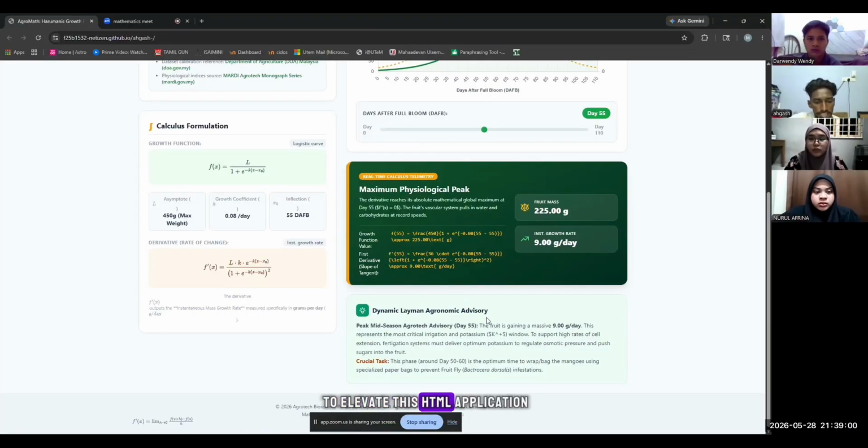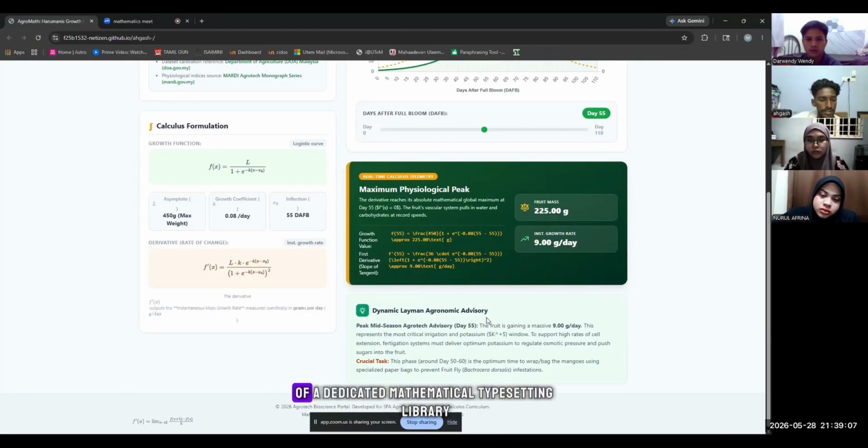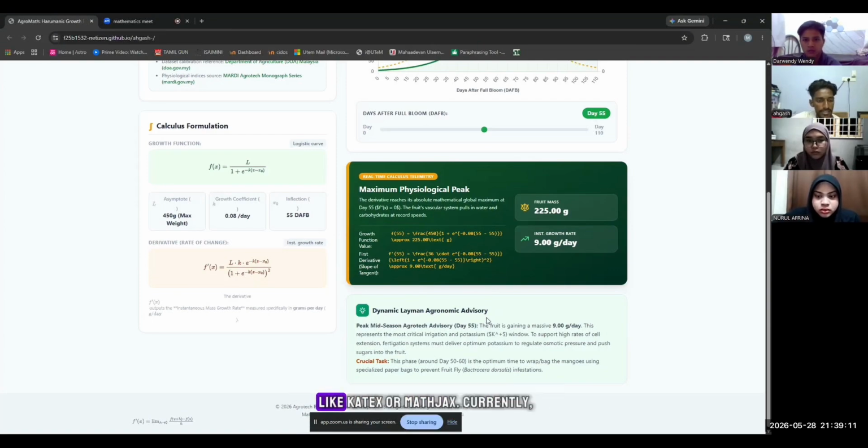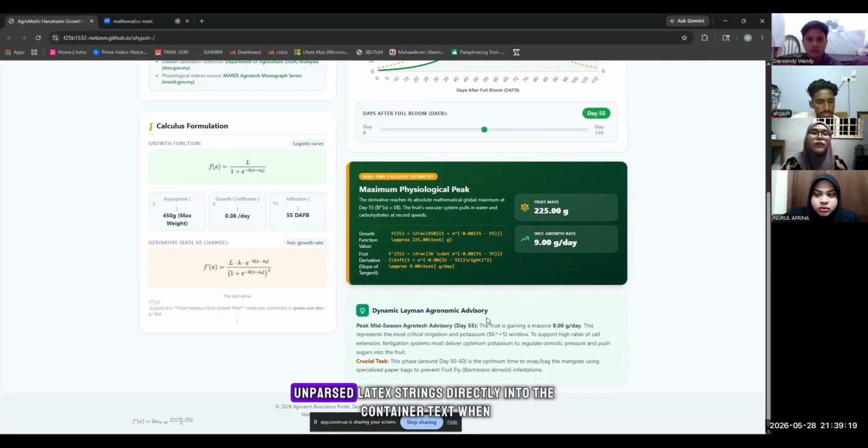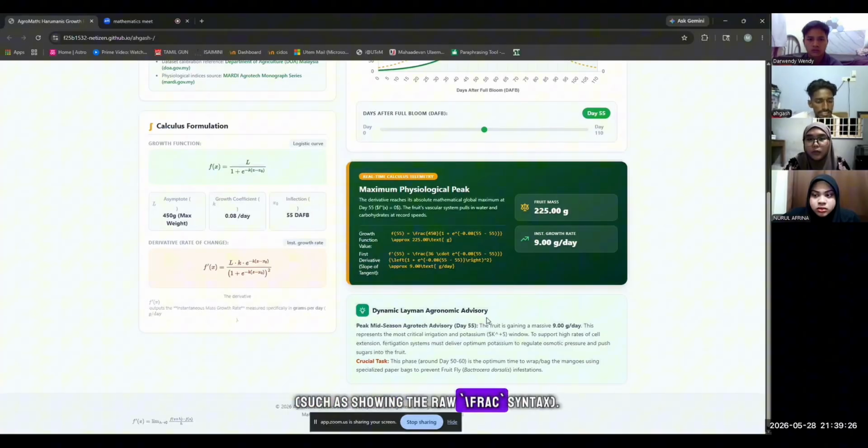To elevate this HTML application to a production-grade standard, my primary recommendation is to integrate a dedicated mathematics typesetting library like KaTeX or MathJax. Currently, while our core calculus formulas render beautifully, our dynamic real-time telemetry panel outputs raw, unrendered LaTeX strings directly into container text when the sliders move.